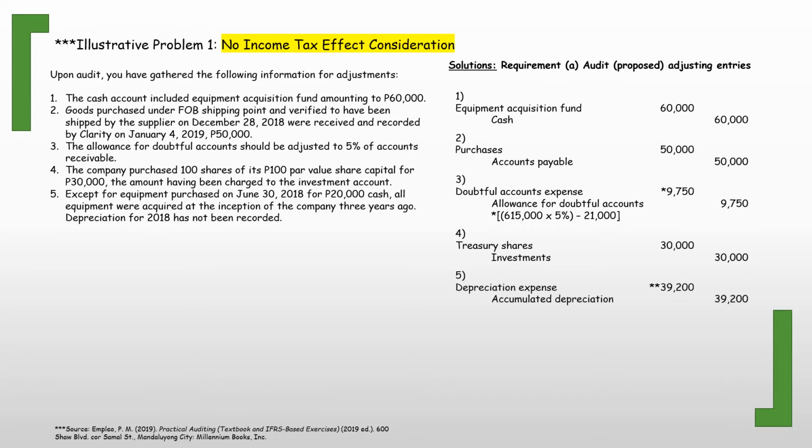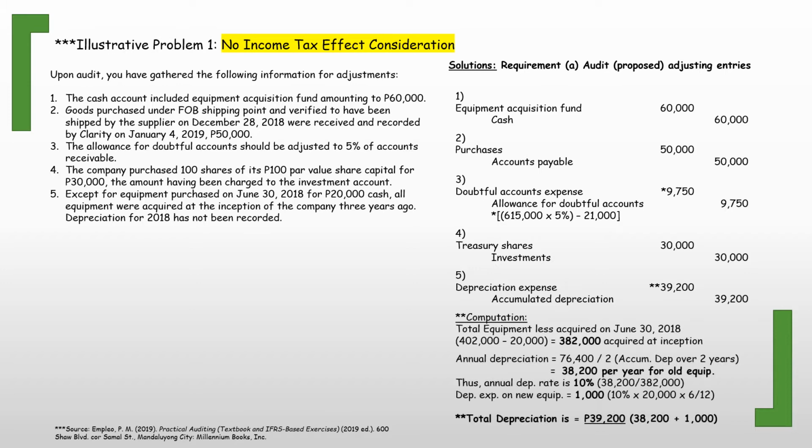Our adjusting entry is depreciation expense, 39,200, credit accumulated depreciation, 39,200. So this is the computation. The first thing to do is to deduct first the equipment acquired on June 30, 2018 to get the annual depreciation of the old equipment amounting to 38,200 per year.